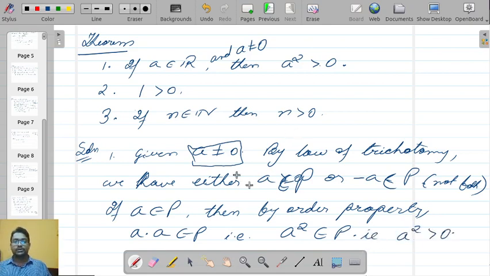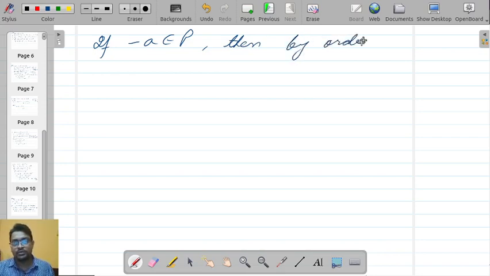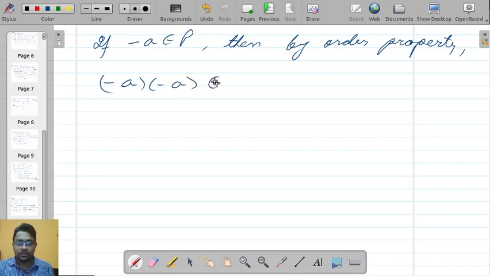The next thing is, if minus A belongs to P, then what can we do? If minus A belongs to P, then by order property again, we get minus A into minus A. This is also in P. We have already done in our last class the field axioms.